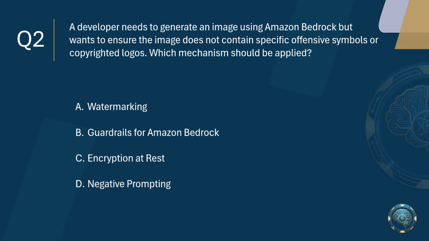We have four options. Option A, watermarking. Option B, guardrail for Amazon Bedrock. Option C, encryption at rest. Option D, negative prompting. I will give you 5 seconds to guess the answer.